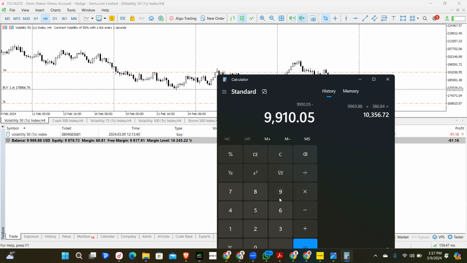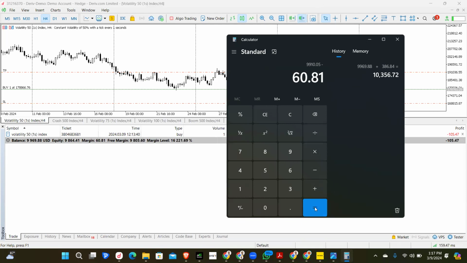Our margin is 60.81. So when you do the calculation, you get your free margin, which is 9849, which is more of what we have. You see that it's still 9 something, but because price is fluctuating, we are not able to capture it exactly. But this is just to show you the formula.